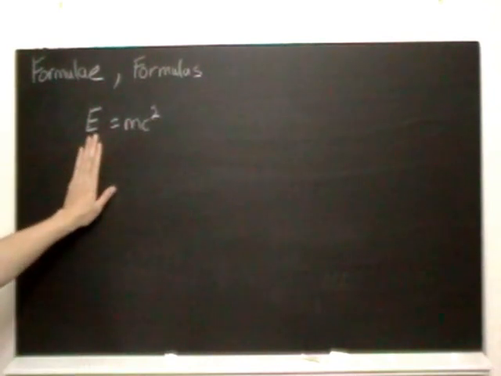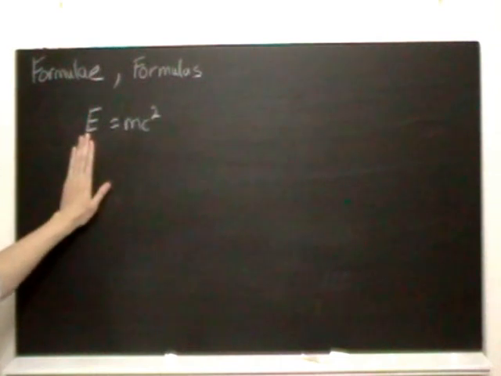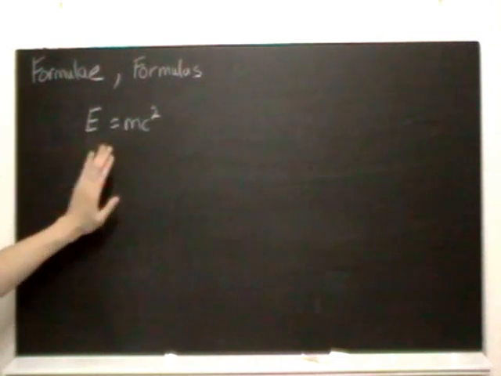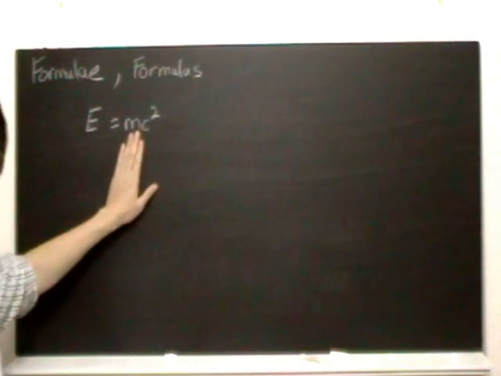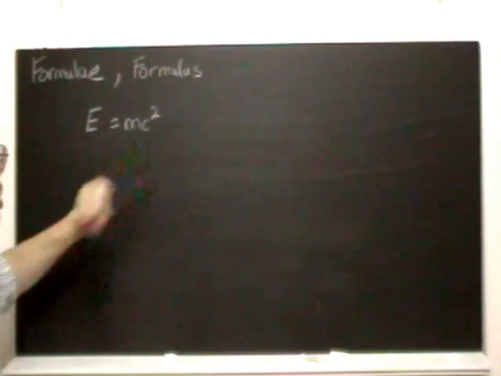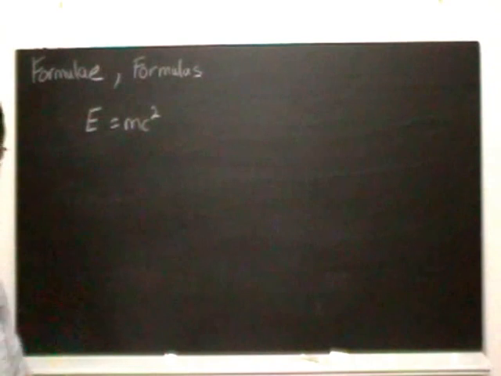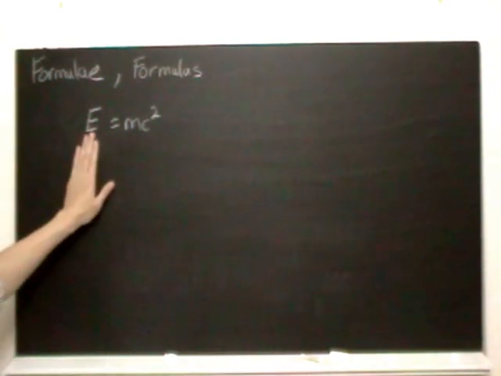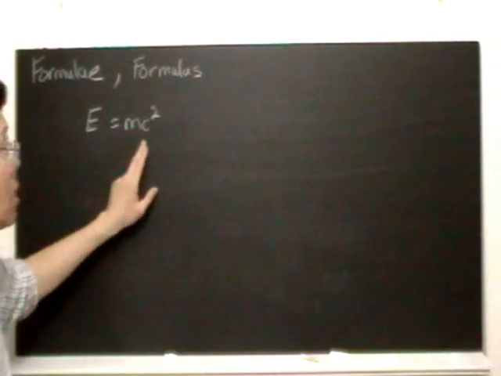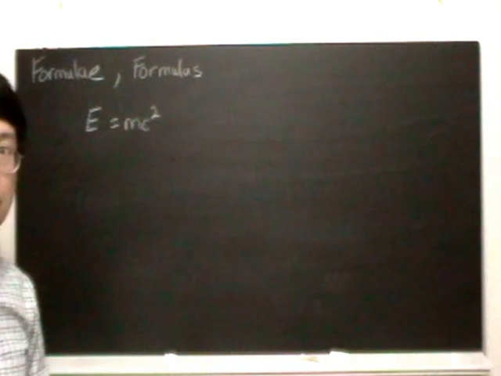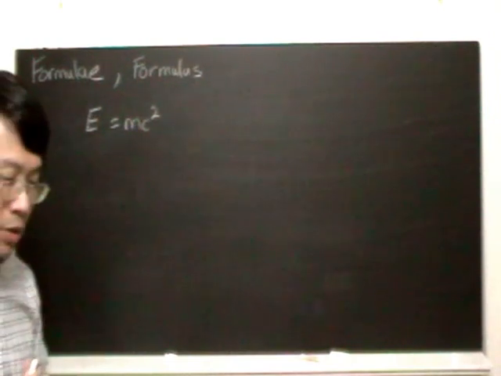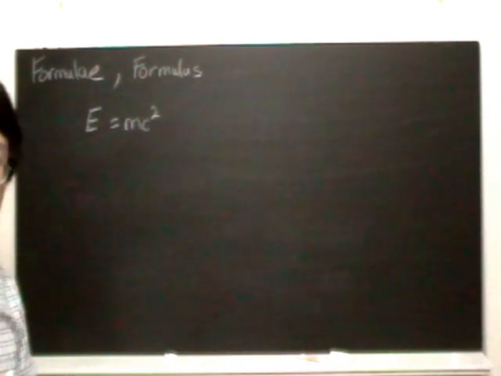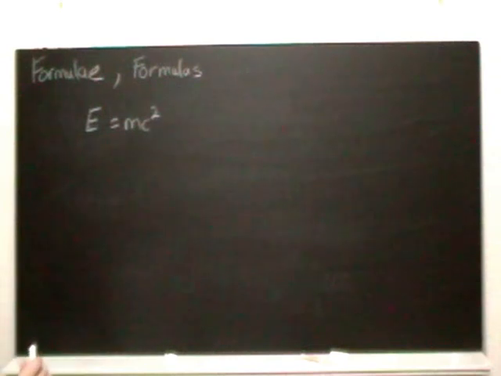It is a formula that relates E to the symbols M and C. Right? In this case, E happens to mean energy, M is the mass, and C is the speed of light. But we don't worry about that for now. We're just going to learn the mathematics of formulas.